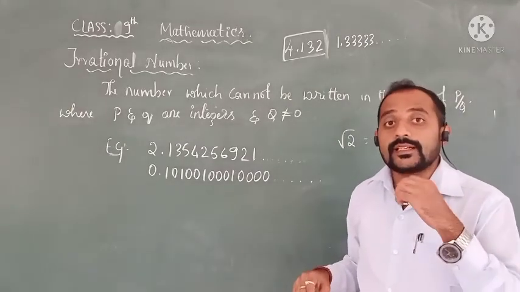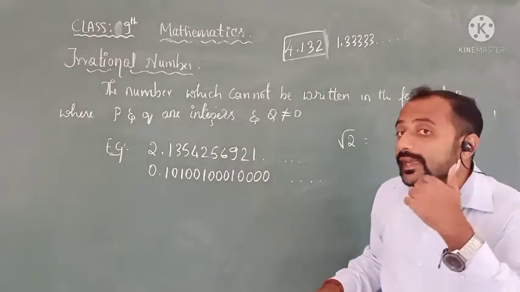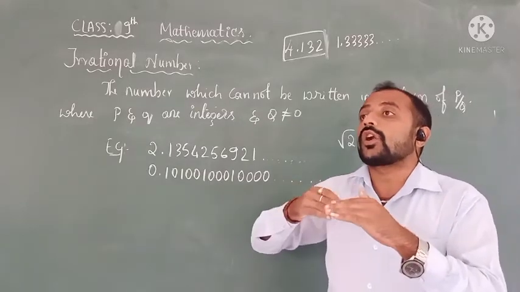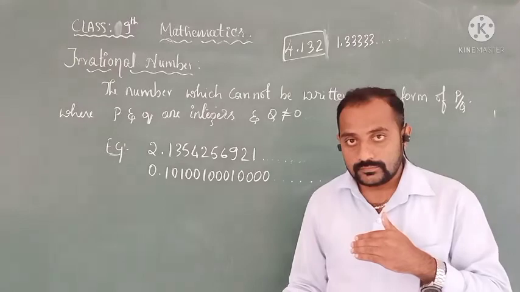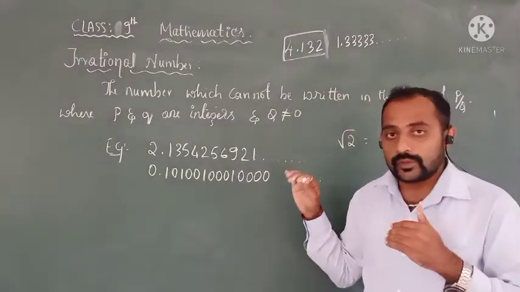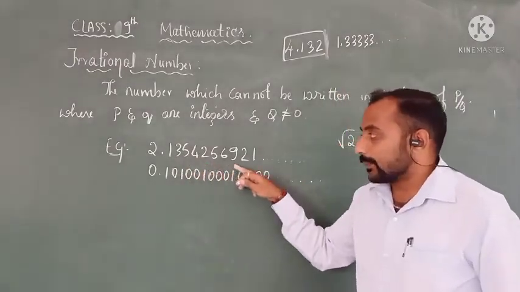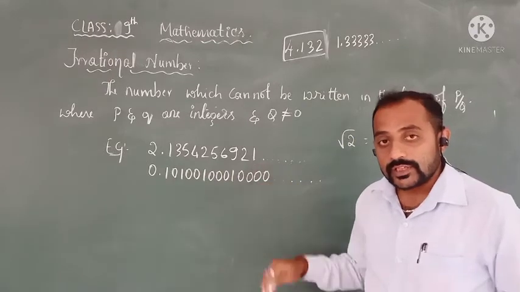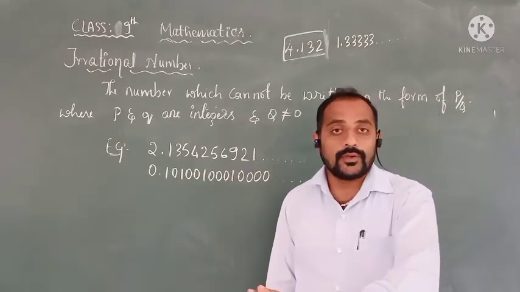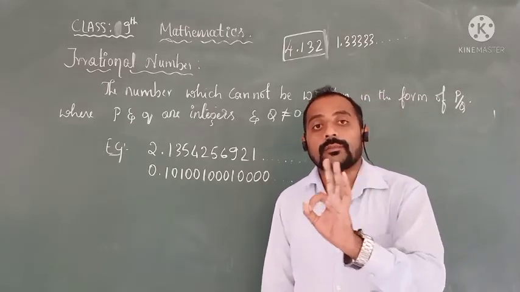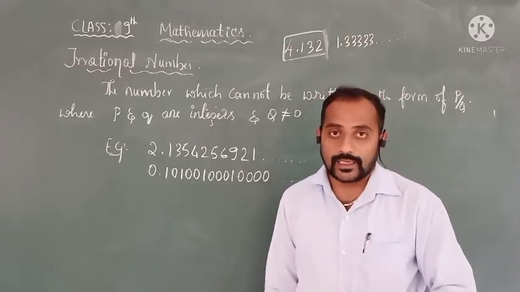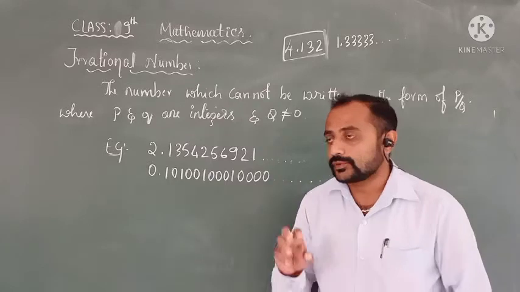So that's why I said non-recurring: the number should not recur or repeat like this. That's why irrational numbers have the characteristics of non-terminating and non-recurring.